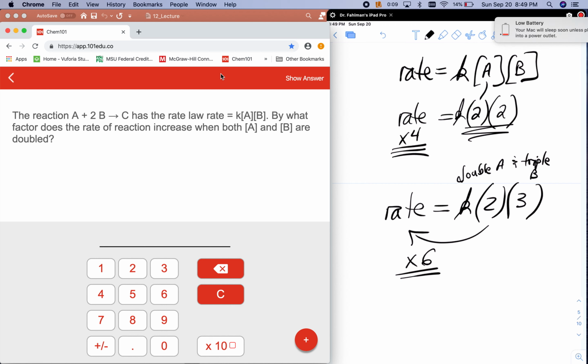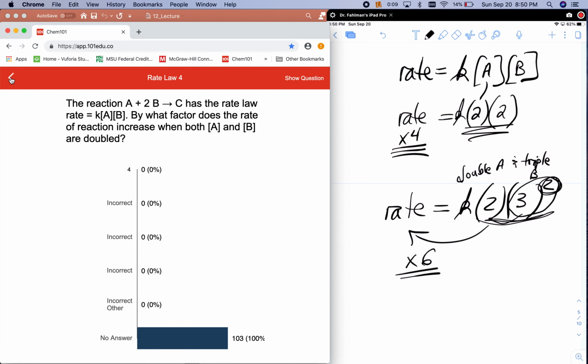Where it gets more difficult is if you have a second order or something like that. Then it would be 9 times 2, so your rate would go up by a factor of 18 in this case if it were a 2 up there. All right, so that's rate law 4.